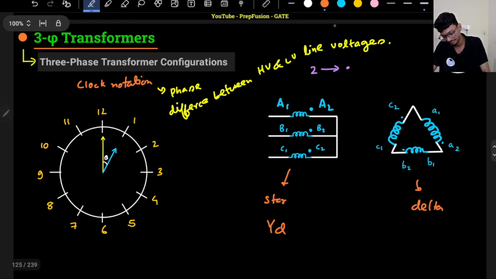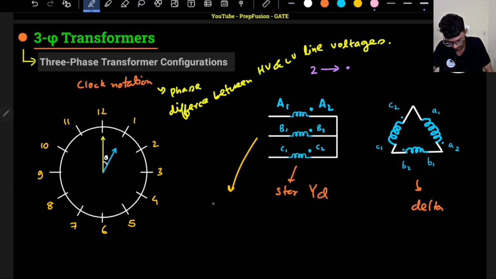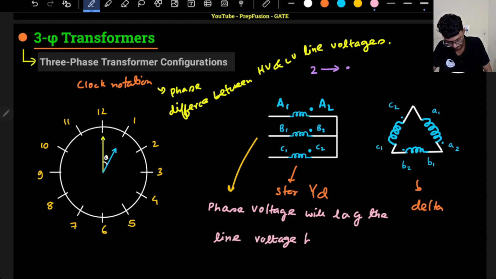So I can directly write that the phase voltage will lag the line voltage by 30 degrees.